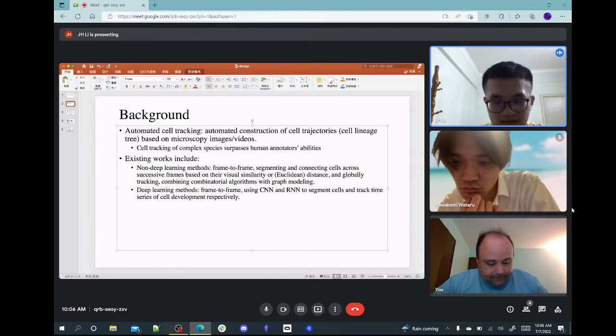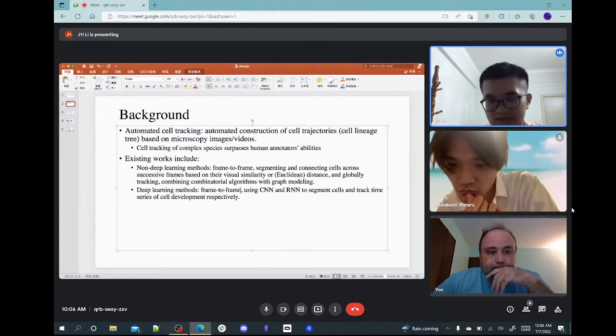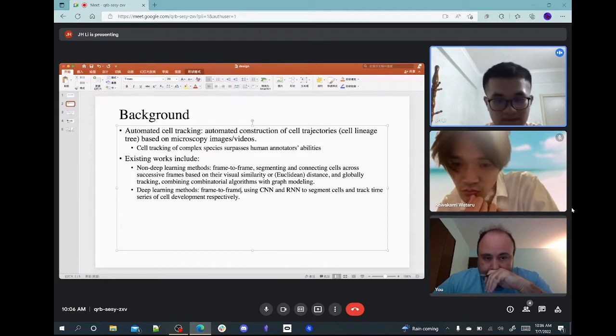There is one type of deep learning methods, which is the frame-to-frame methods. That means people would like to use convolutional neural networks to segment cells and use some recurrent neural networks or some other classical methods to track some series of cell developments respectively.